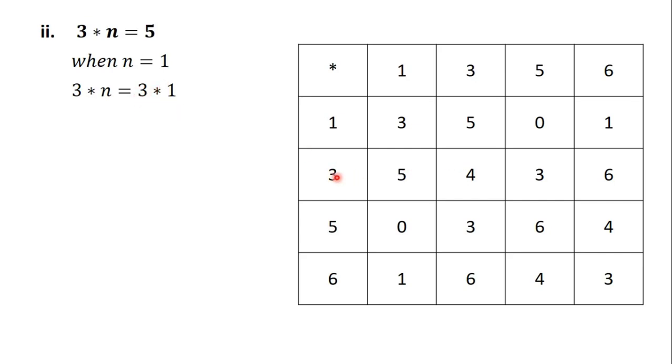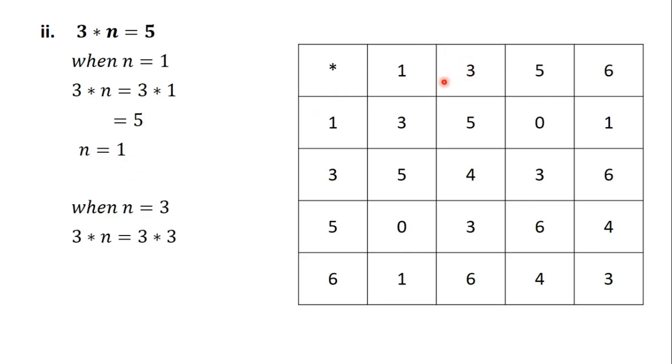From the table, 3 star 1 will give us 5. So from the table, we can see that 3 star 1 is equal to 5. That means that when n is equal to 1, 3 star 1 will be equal to 5. So 1 will satisfy this equation. So n is equal to 1. Let's try out the other numbers and see.